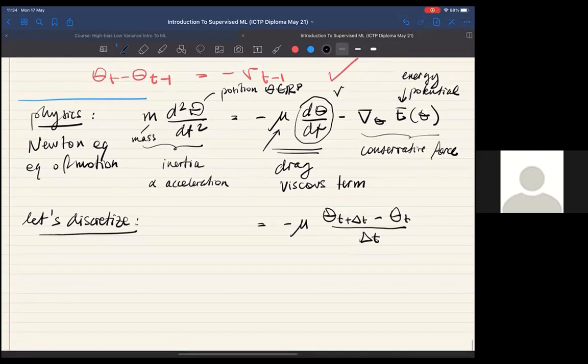You remember what is the definition of a derivative? The limit when delta t goes to 0 of this object here, right?